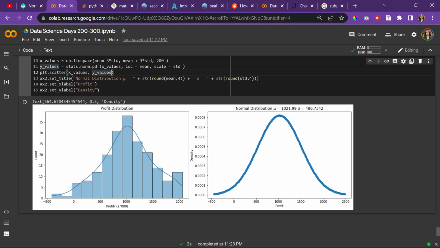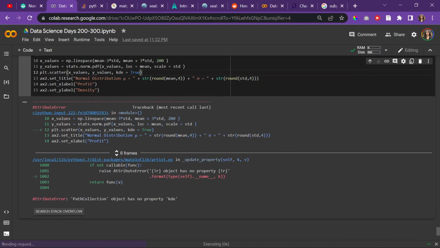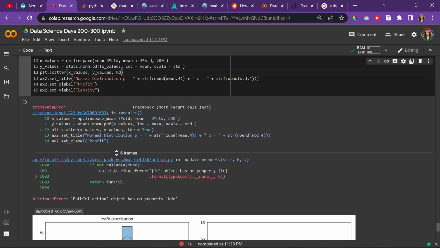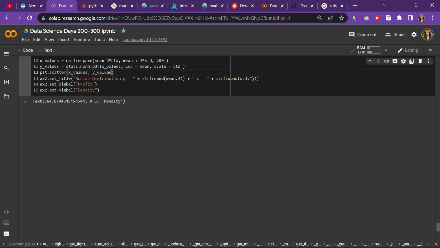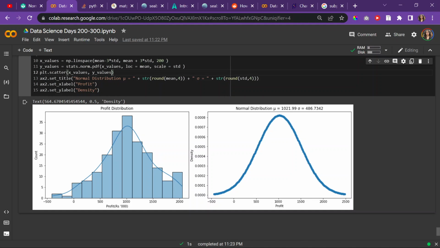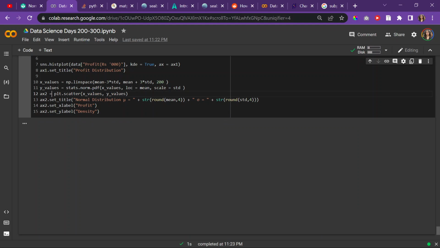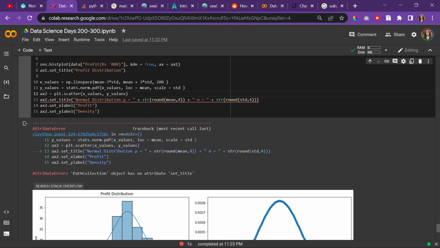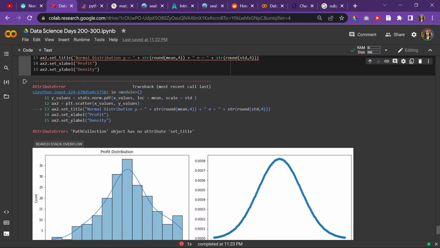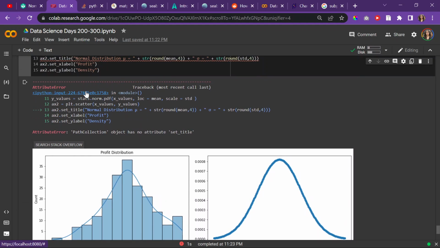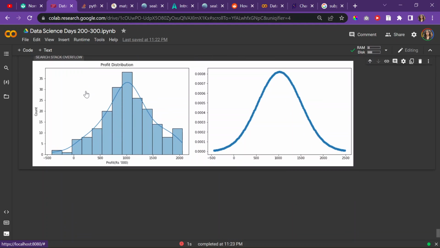Maybe I'll do KDE is equal to true. Oh, you're joking me, bro. Oh. plt.scatter. I mean, I haven't even set it equal to anything. And then it works, but then it also doesn't work. Oh my god.